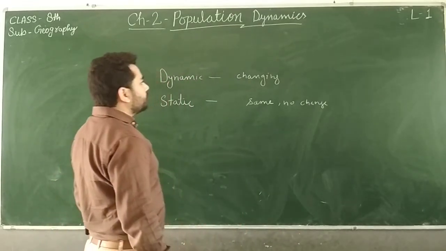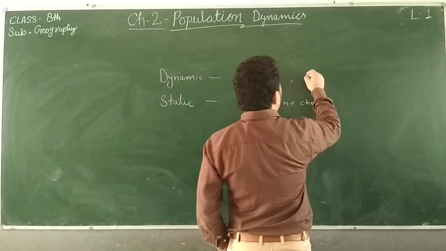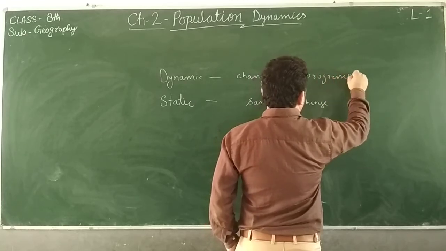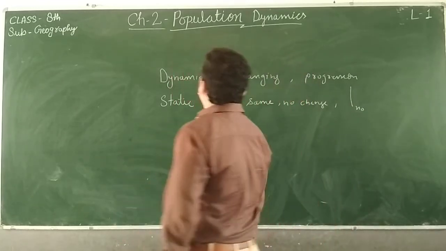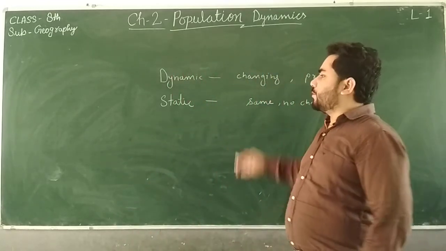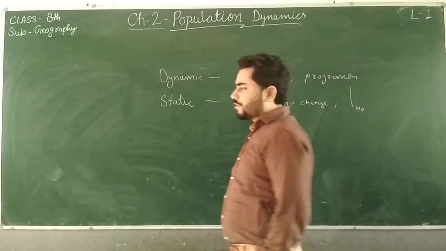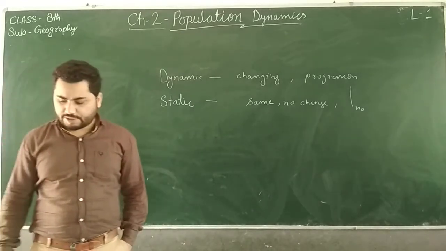Clear? Now, here this is progression, and here no progression. Now, population dynamics. We all know that population keeps changing. That is why the name of the chapter is population dynamics.